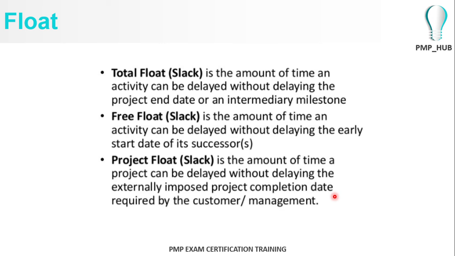But after putting all your activities together and calculating your time, maybe you are finishing by the end of August, and you are keeping one more month of slack time before committing to your customer for September 30th. So that one month of project float means the project can be delayed without delaying the externally imposed project completion date to your customer.